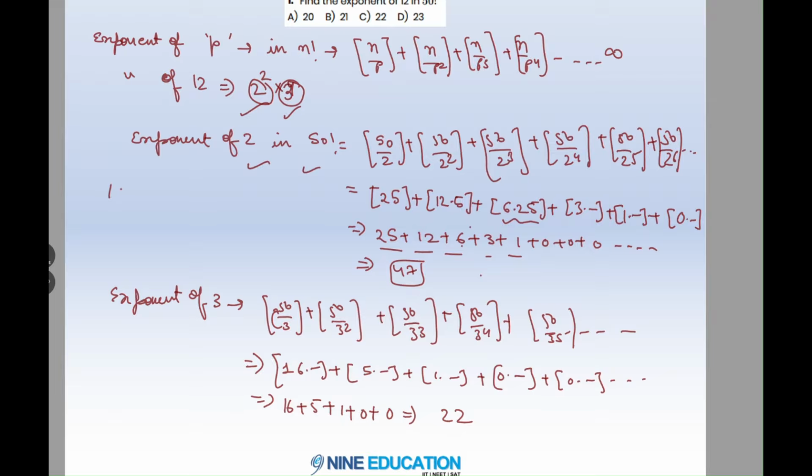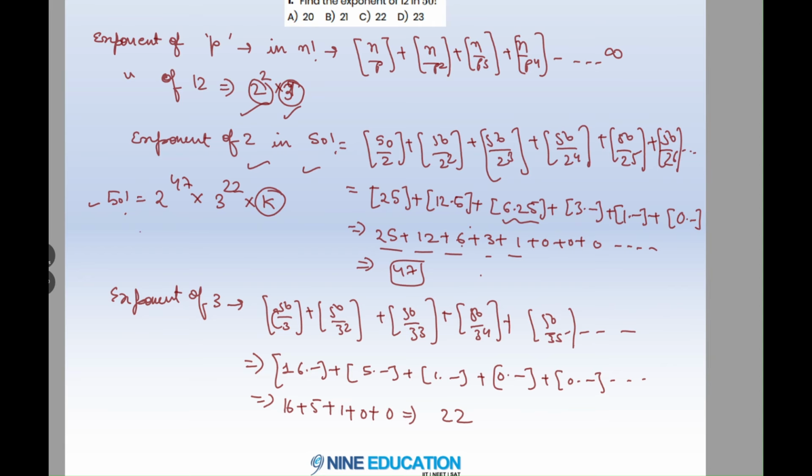Now we can write 50 factorial as 2 power 47 into 3 power 22 into something k, where k can be any other prime power. It may be the 5 power, 7 power, whatever it is.